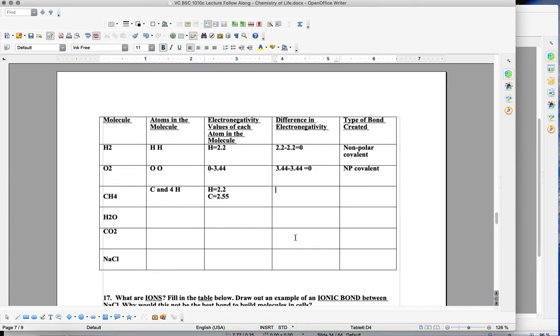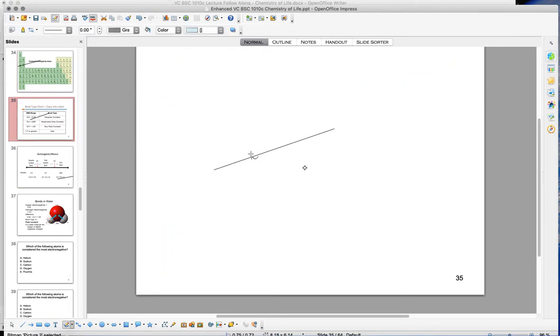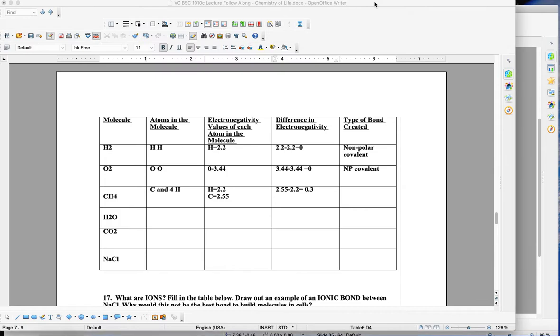So we can just do 2.55 minus 2.2, and that is going to give us 0.35. And then if we look here, I don't know why these things keep forming now. Okay, so then 0.35 is also going to still be a nonpolar covalent bond.